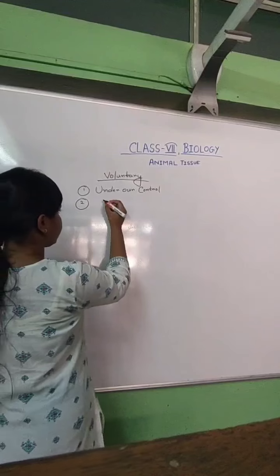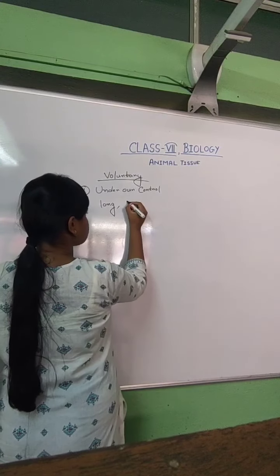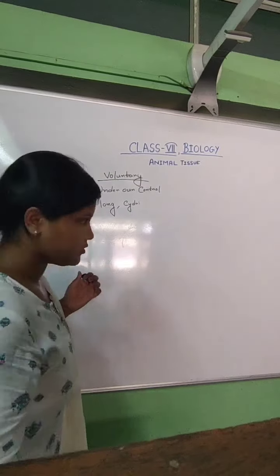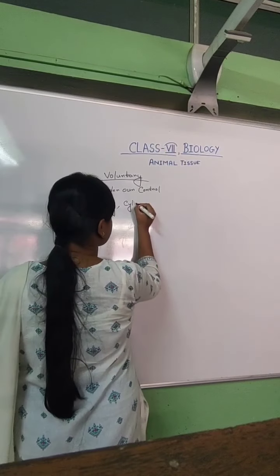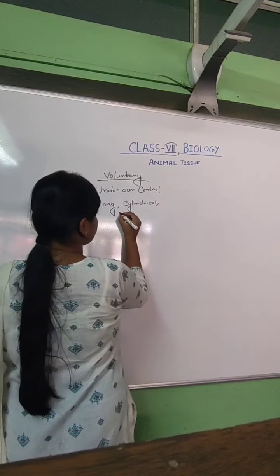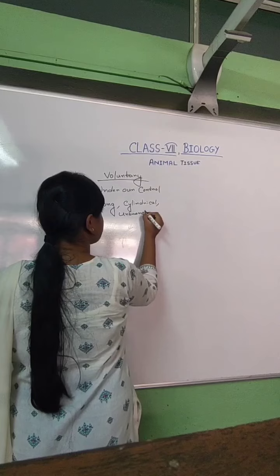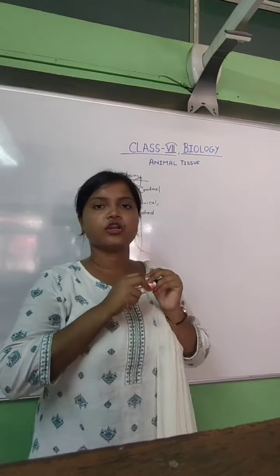It is cylindrical. Also it is unbranched. There are no branches present. So unbranched. Okay. Please refer to the pictures in your book.